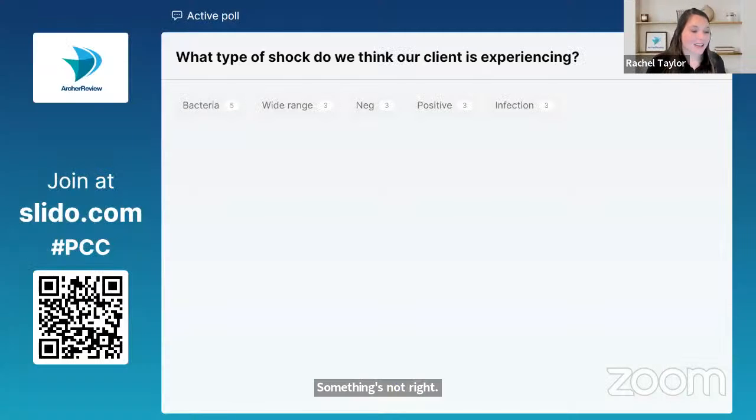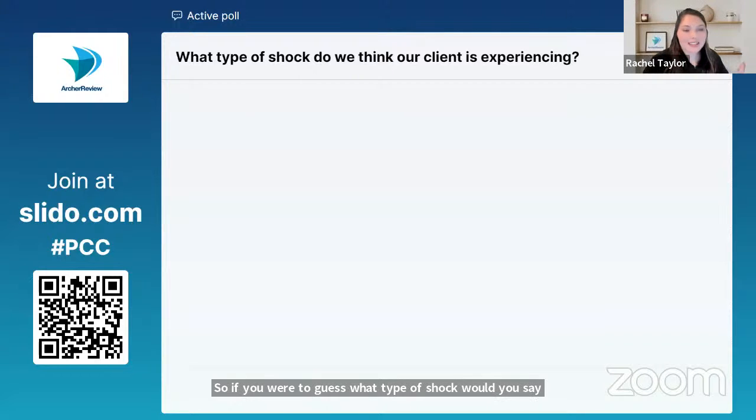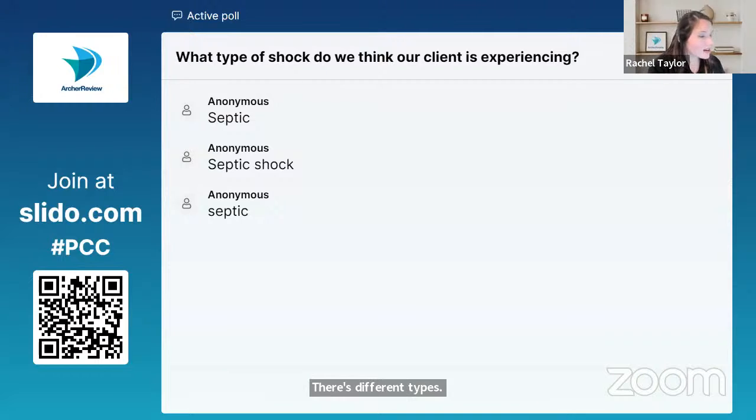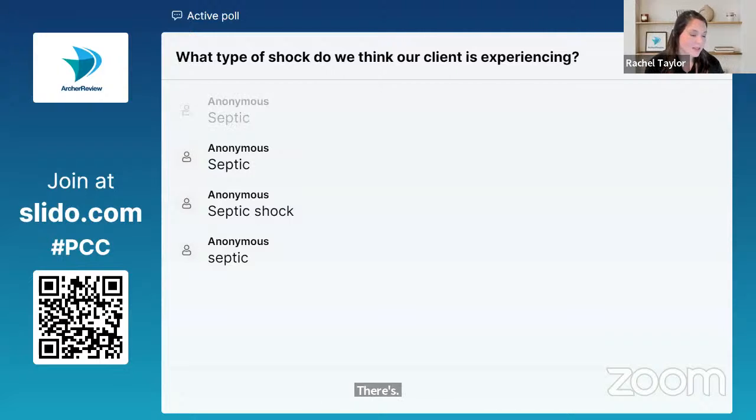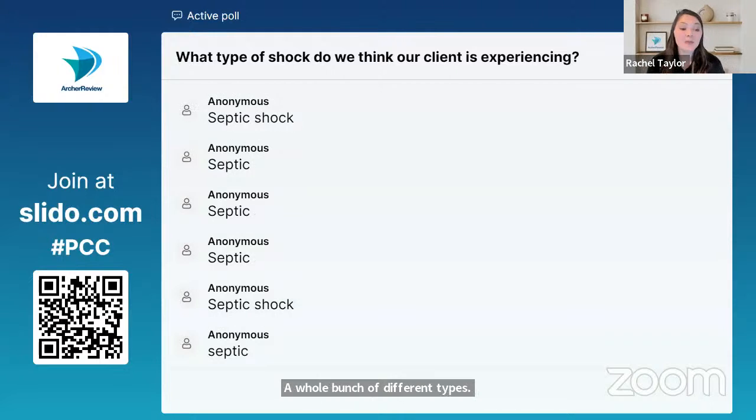So if you were to guess, what type of shock would you say our client is experiencing? If you were to guess the type of shock going on right now, what would you guess? There's different types. There's distributive shock. There's a whole bunch of different types. So sepsis is getting really specific.